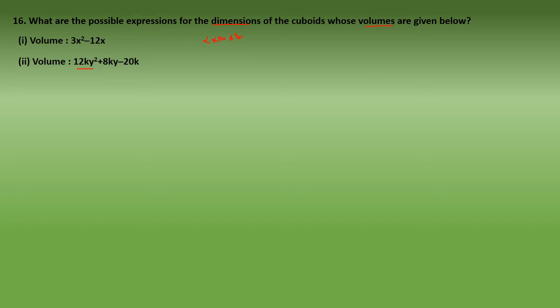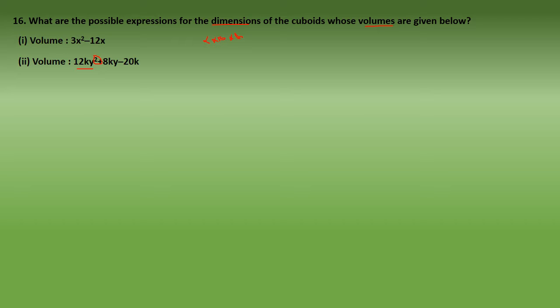If you look at the highest degree of the variable, you will find that it is 2. So our polynomial is a quadratic polynomial, and we will solve it like the last question we solved, the area of a rectangle.